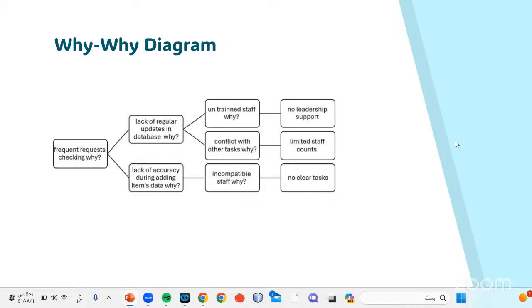For the lack of regular updates, we ask why again and find that staff is not well trained because of lack of leadership support. There are conflicts with other tasks due to limited staff. For the lack of accuracy, we ask why and see that staff is inconsistent because they do not have a clear task.